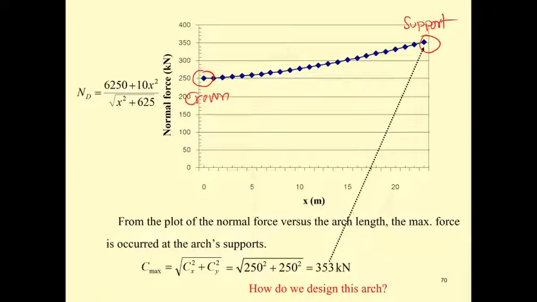The arch is in compression. You also need to consider the buckling of the arch, especially at the support, because at the support we have the maximum axial force there. So where does the maximum axial force occur? It occurs at the arch support. The same as the cable, the maximum tension in the cable occurs at the support, right? So let's have the maximum angle between the member and the horizontal line.